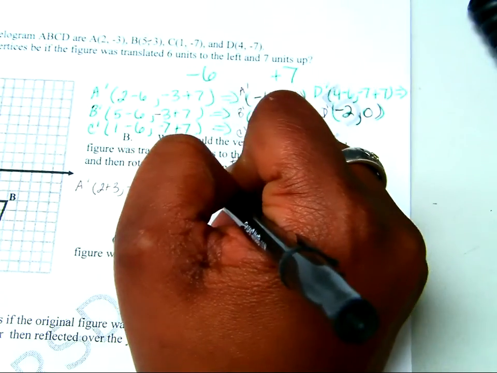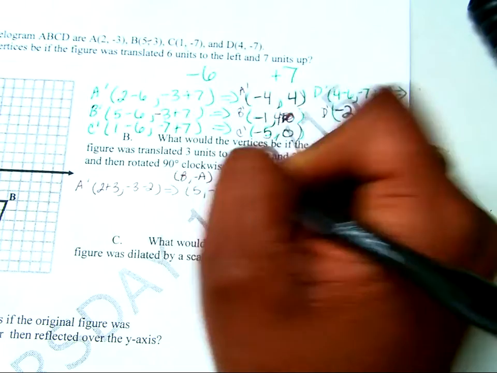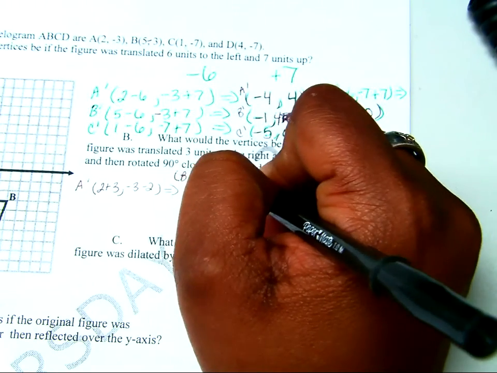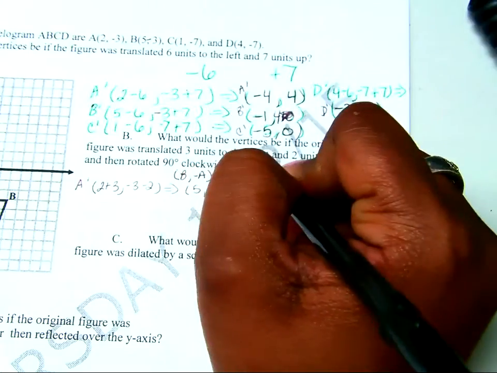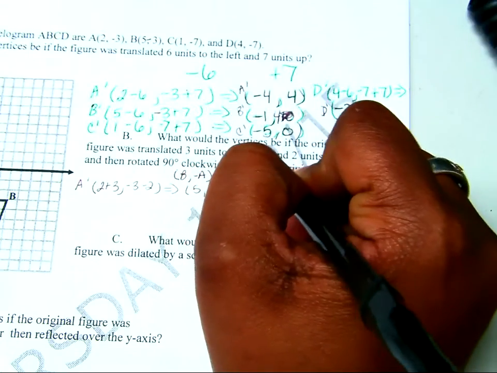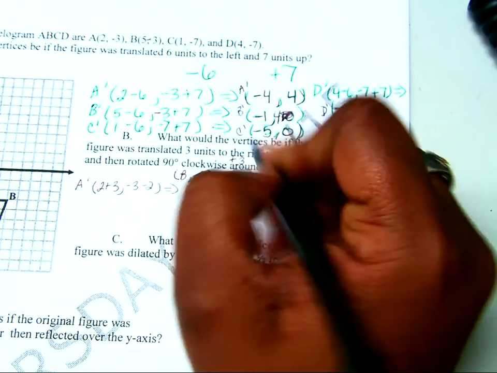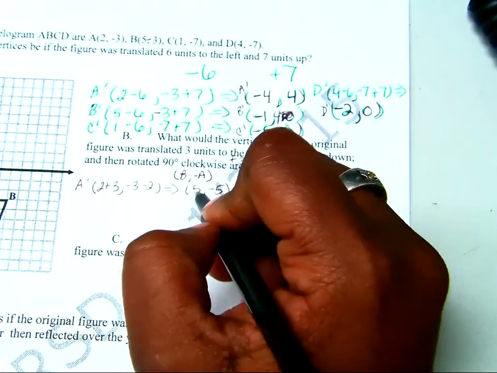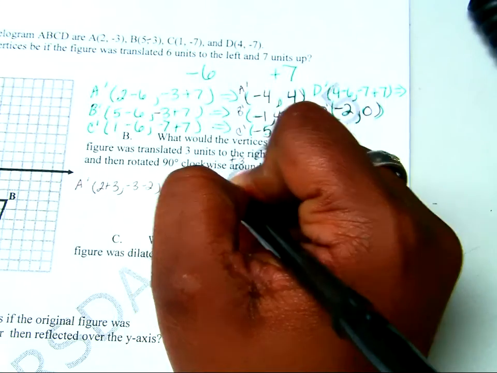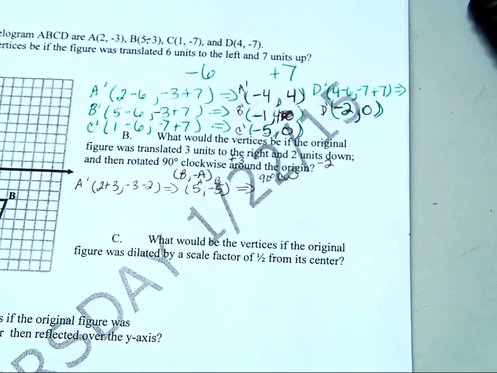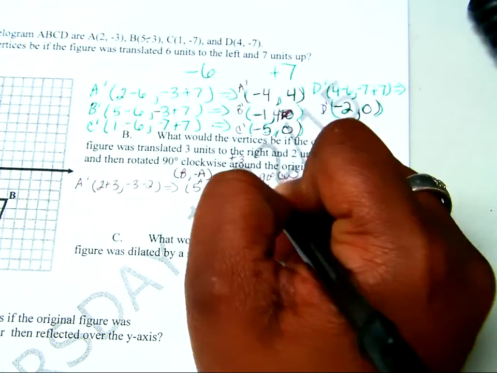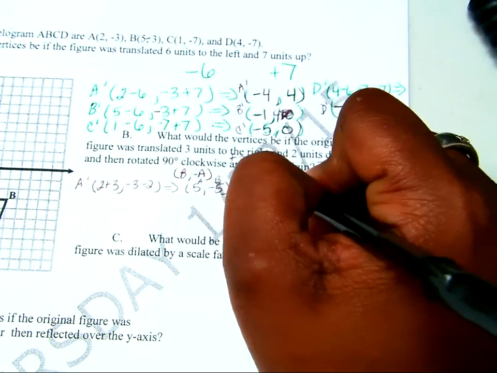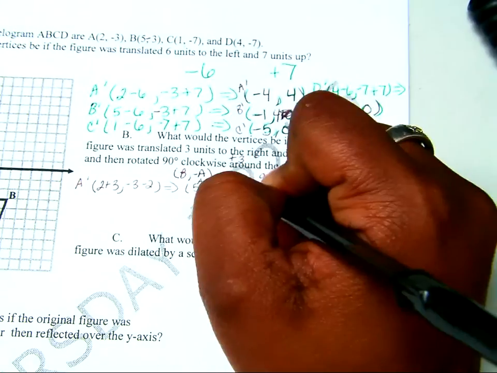And then I can go ahead and rotate this 90 degrees clockwise. It tells me I need to do (b, -a), so I can label this A, B. I need to do B first, -5, and the opposite of A, -5. So this is my A double prime. That's my final movement. Okay?